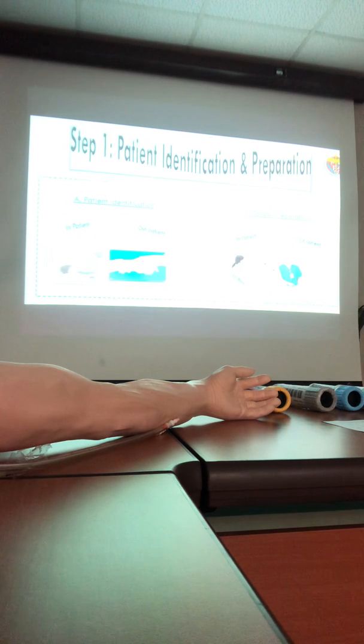The first step is patient identification. What's the meaning of patient identification? Verify the patient: correct name and MR number. How can I identify the patient correctly in the inpatient and outpatient departments? For inpatients, we check the MR number on the wristband.